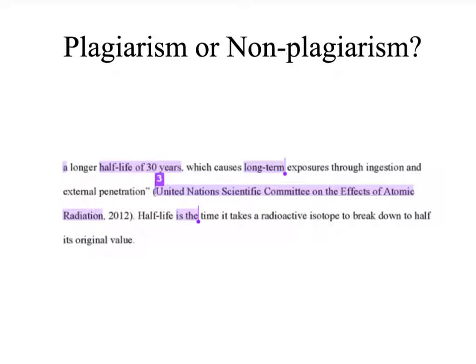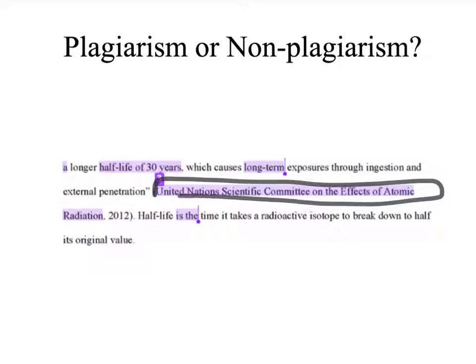In this example, we have several scattered areas of highlighted material, and some of them are only a couple of words long, so we are not really concerned about that. But if you look at the area marked with number 3, right here, we see that there are more than 7 words and there are no quotation marks.